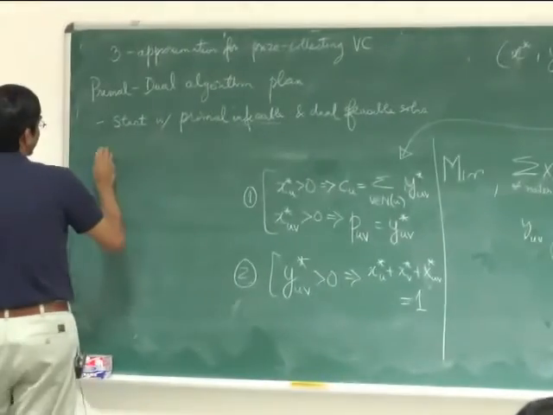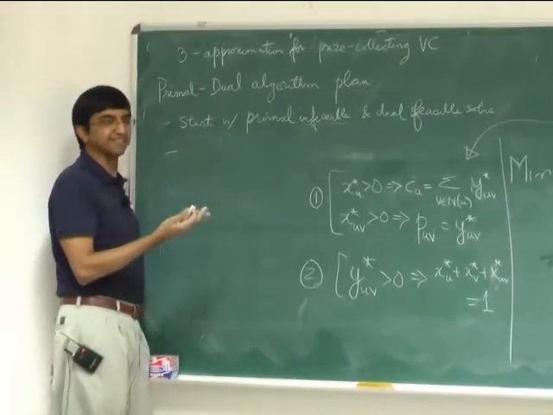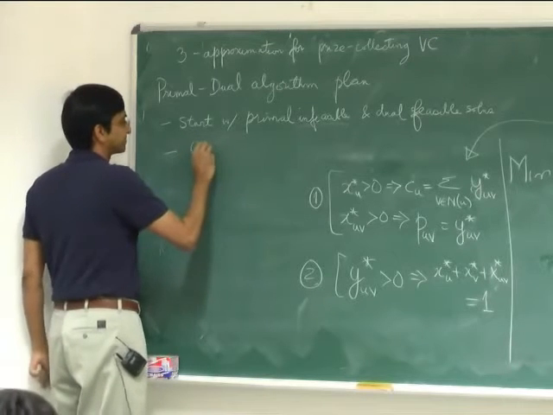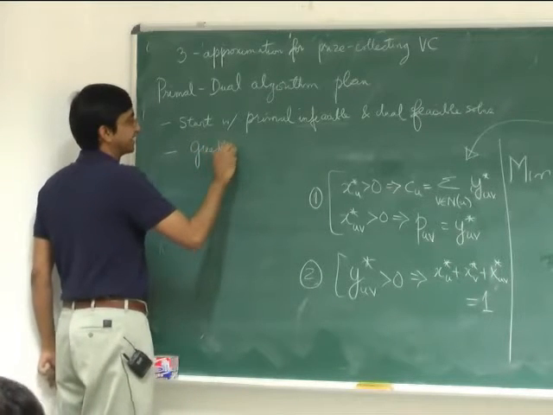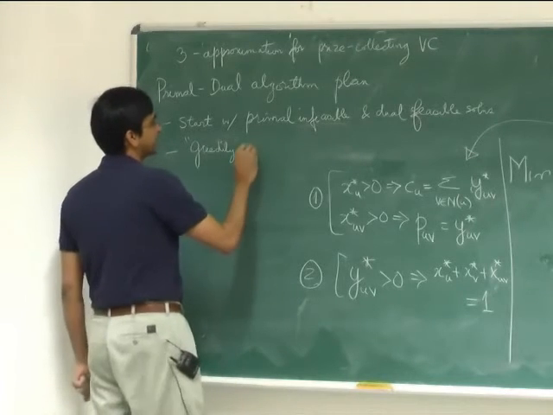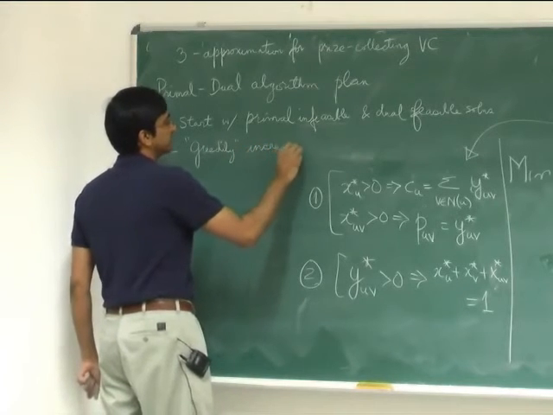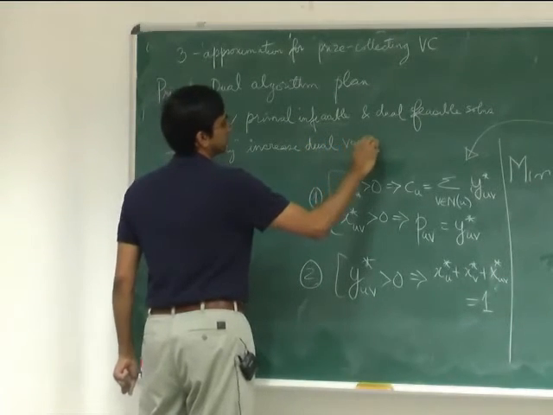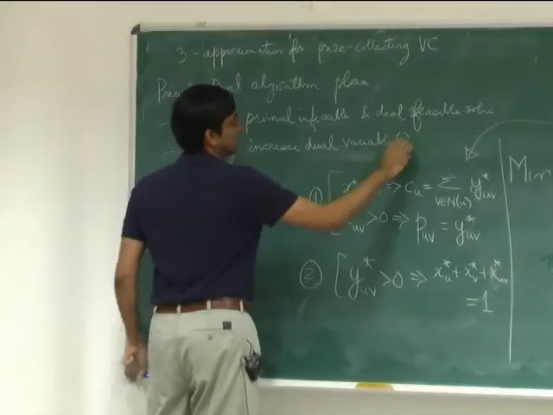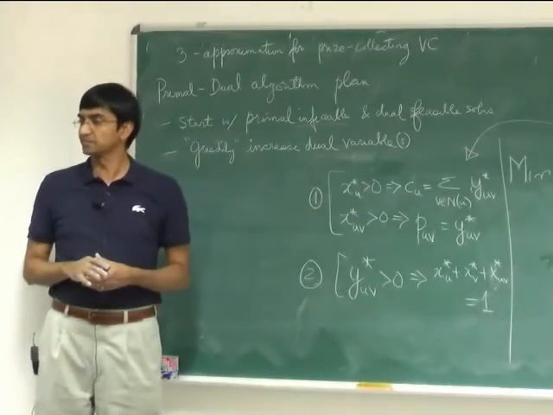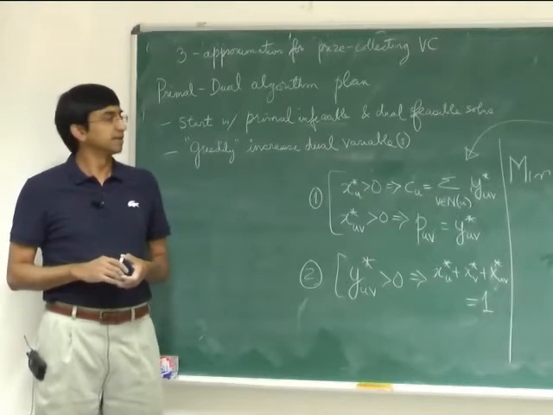Okay, then we will greedily in some way, so we're back to greedy, okay? Maybe greedily, in a clever greedy way, I will increase dual variables. Maybe I'll increase 1, maybe I'll increase 2, maybe I'll increase a whole bunch. Okay?